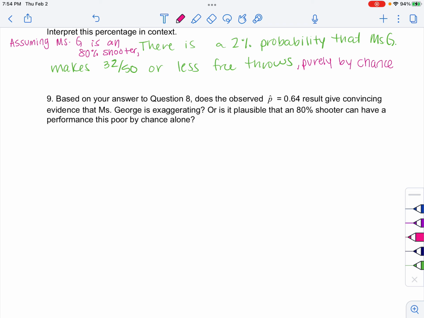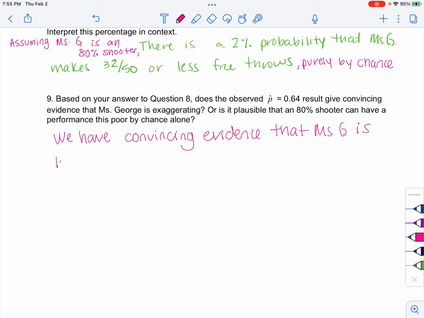So for your conclusion here, hopefully you wrote some conclusion, because we know this part. We can do this concluding. That 2%, I'm going to compare it to our cutoff of 5%. Because it's less than 5%, we do have convincing evidence, and that's what I'm going to write. We have convincing evidence that Miss George is lying.